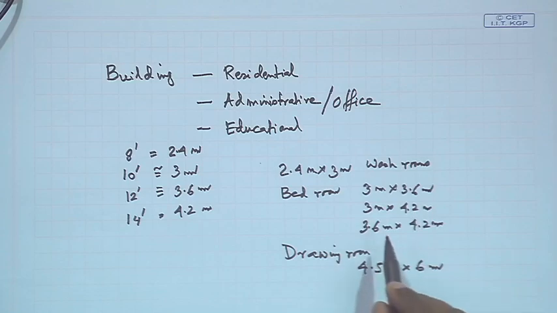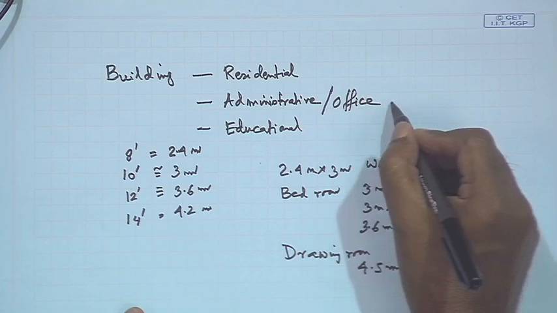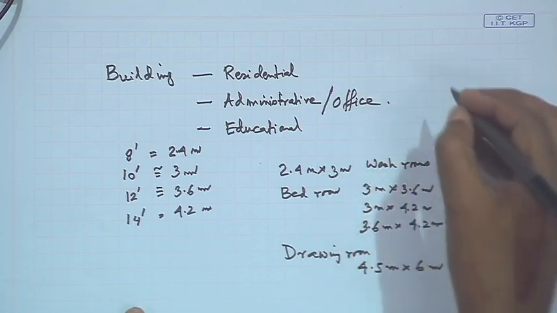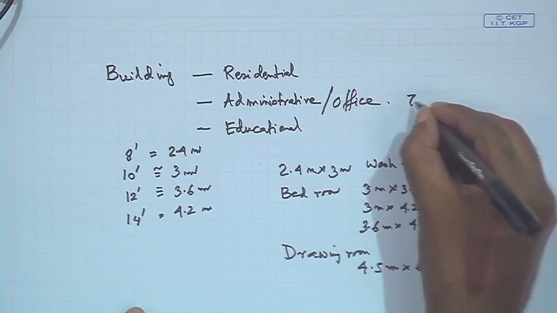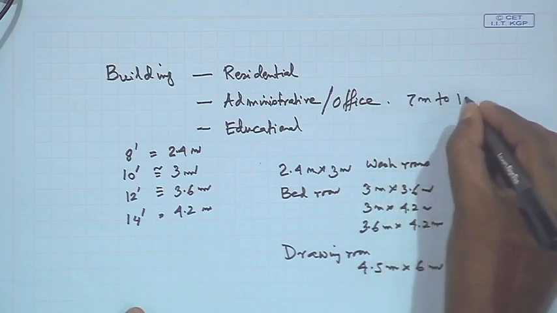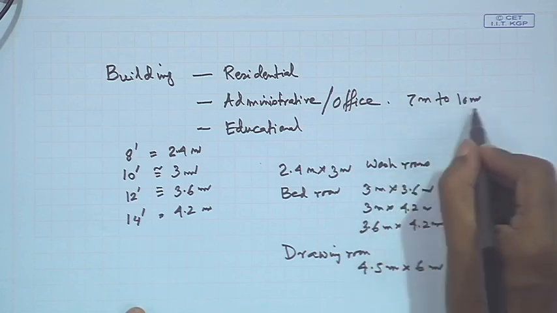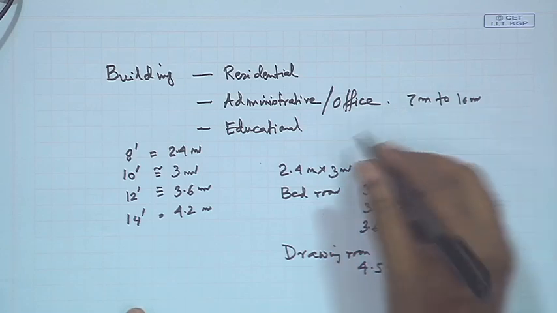Now, what is the next question? Next question here: where shall we place columns and where shall we place beams? For an administrative office, if we consider, you will find almost say 7 meter to 10 meter on one side, and the other side you can find, but this clear space you require.